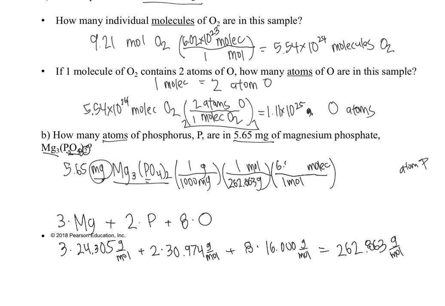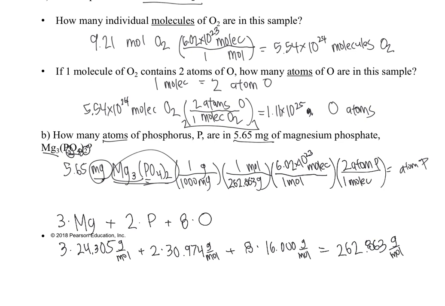And so I can use 6.02 times 10 to the 23rd. Now that's just going to tell me how many magnesium phosphate molecules or compounds there are. But I need one more step, because for every 1 molecule here, there are 2 phosphoruses. So 2 atoms of phosphorus.